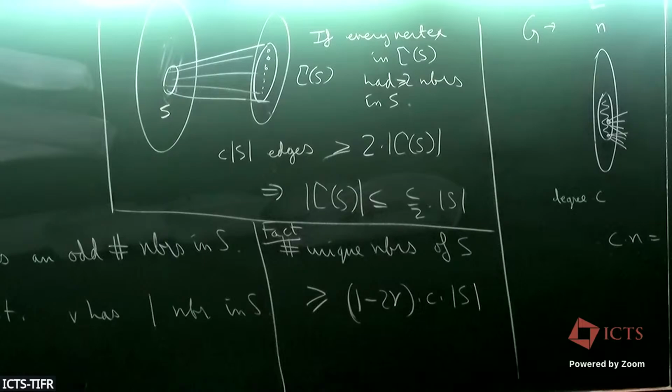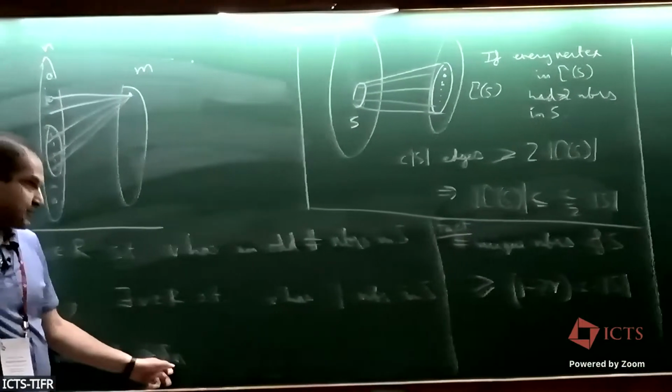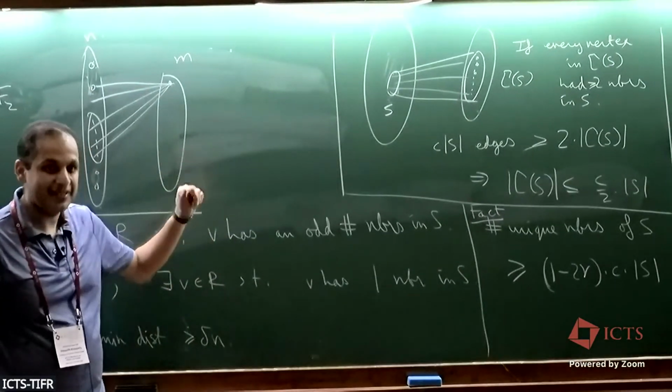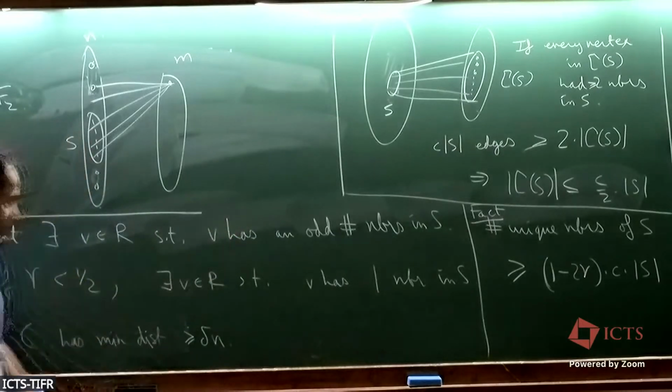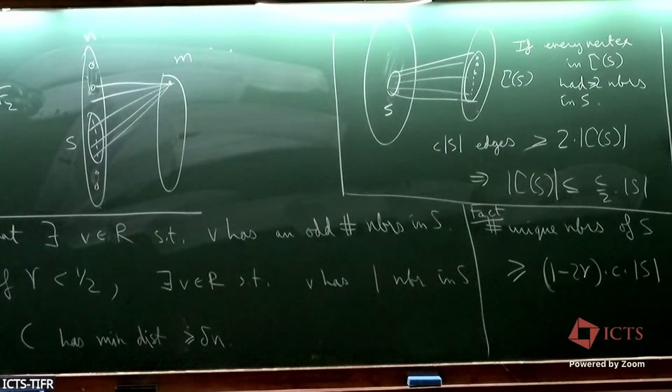And in fact, it has distance slightly more than delta n. It goes all the way up to 2 times 1 minus gamma times delta n. There's some small variation of this argument that gives this, but we're already happy at this stage. Questions about this? So we got positive rate and positive distance. We didn't do that much work.